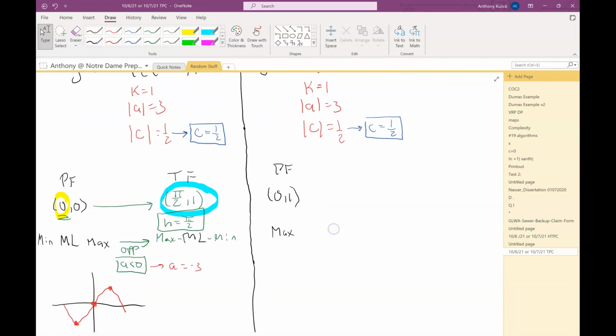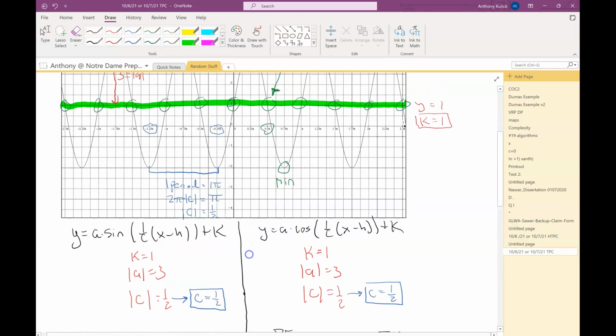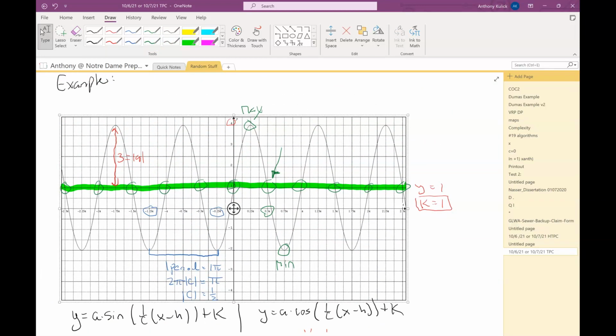Okay, let's figure this out for cosine. For cosine, since the parent function was a maximum, I can pick any of the extreme points. So I could pick any of these minimums, or minima, I guess, or any of these maxima.